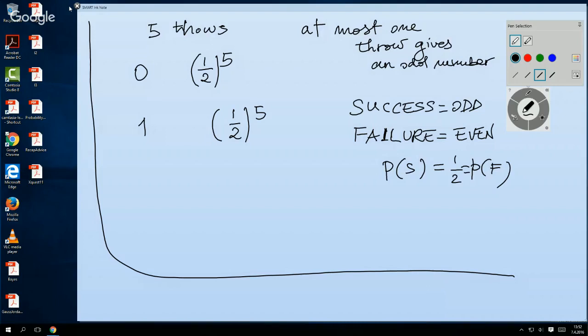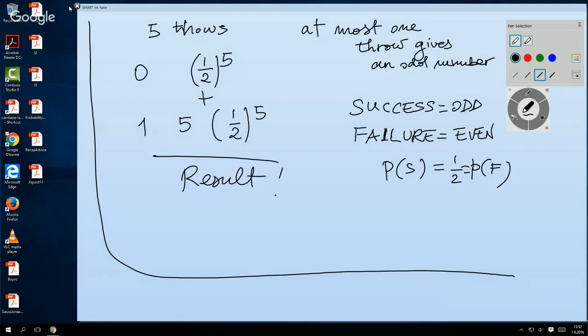It's N choose K, but in this case, it's just 5, because your only success, you get it in one of the throws. So you either get it the first time, the second time, the third time, fourth, or the fifth. But in general, it's N choose K. In this case, it would be 5 choose 1, which is 5. Okay? So you just need to sum these two, and you get the result.